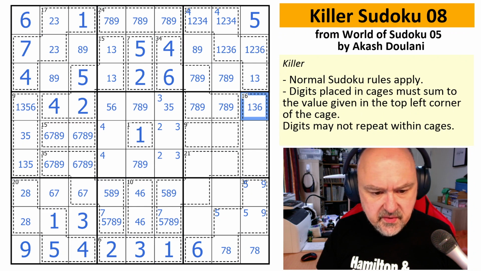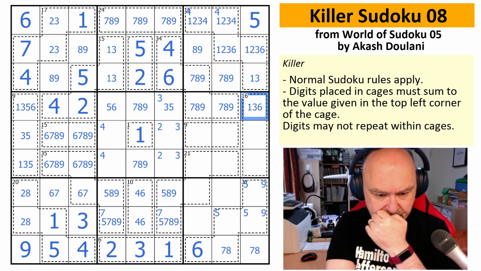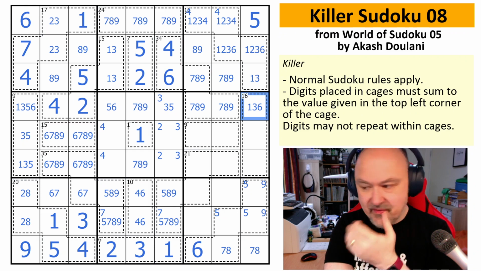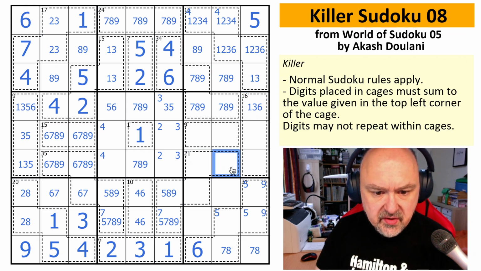Yeah, there's way too many. 1, 2, 3, 4, 5, 6, 7, 8, 9, 11 options. And I can't see how to remove. I can't use anything with a 6 in it because, oh no, I could put a 6 there.